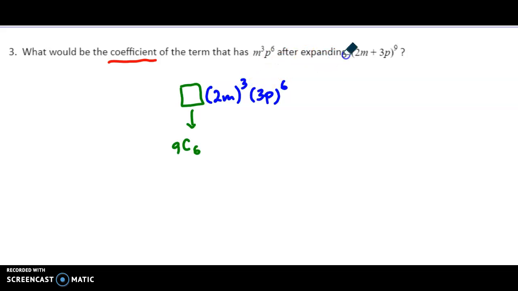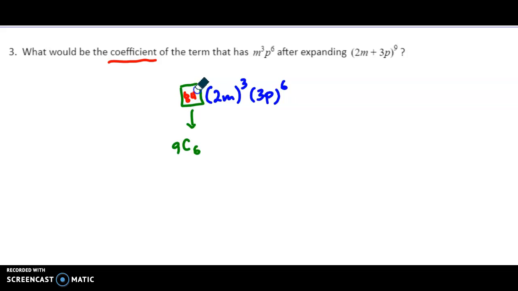Remember, because in that first term the exponent is decreasing, so it's got to be 6, because it went down to 3. So you work out 9 choose 6 on your calculator, and you should get 84, I believe.